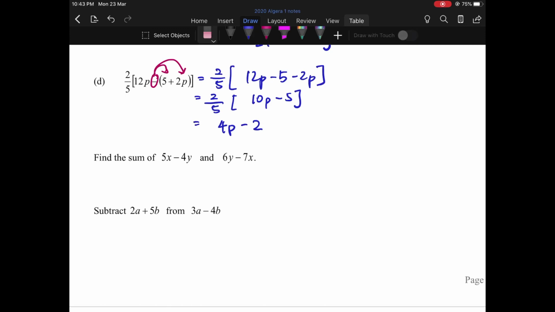Okay, next question. Find the sum of these two terms. So the sum of these two terms. Okay, so we'll add them together.